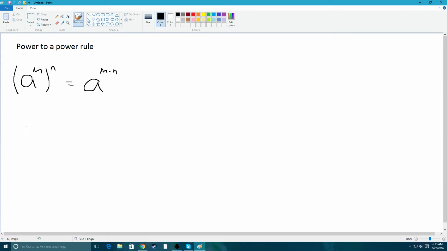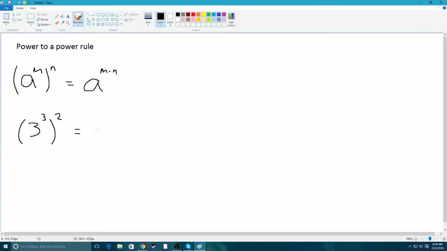So let's do a couple examples. The first one you already saw was the one on the previous page. Let's say we do 3 to the third power, to the second.